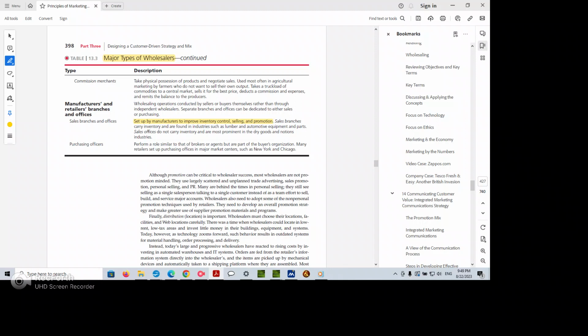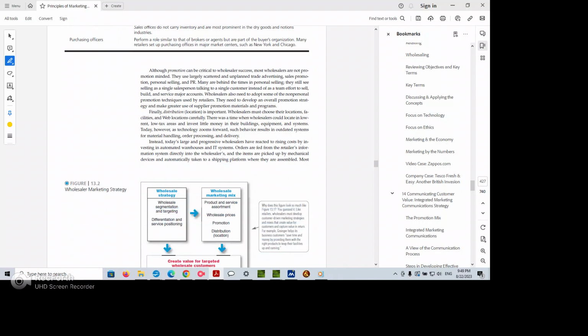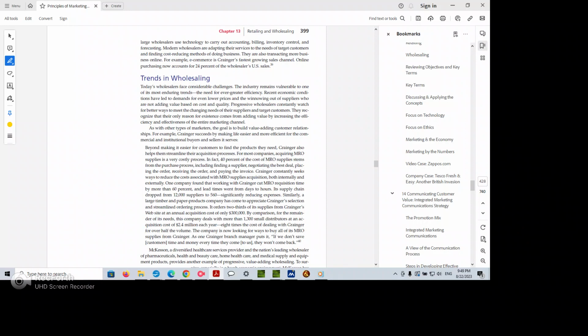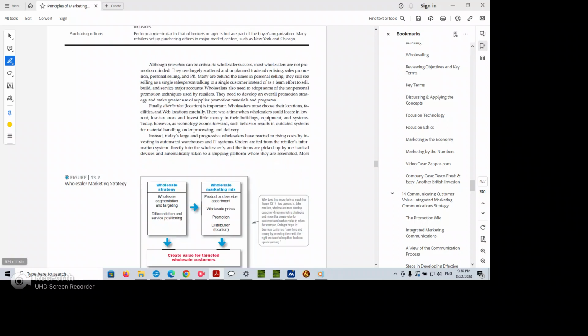Purchasing offices perform a role similar to that of brokers or agents but are part of the buyer's organization. Many retailers set up purchasing offices in major centers such as New York and Chicago. So it's similar to what we were already talking about.